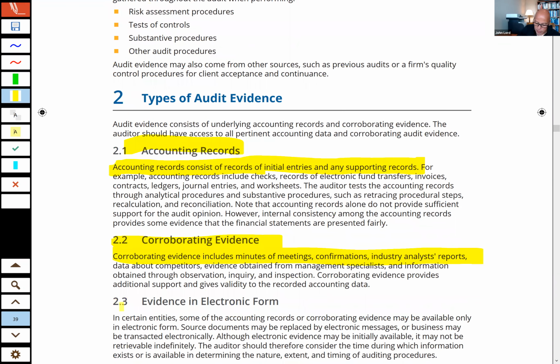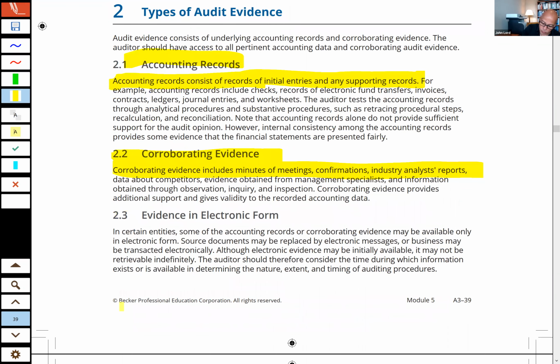Now, we have said that evidence exists in both written and electronic form, but we need to be careful that if we have a client that heavily leverages technology and electronic records, we need to be aware that that information may only be available for a short period of time.